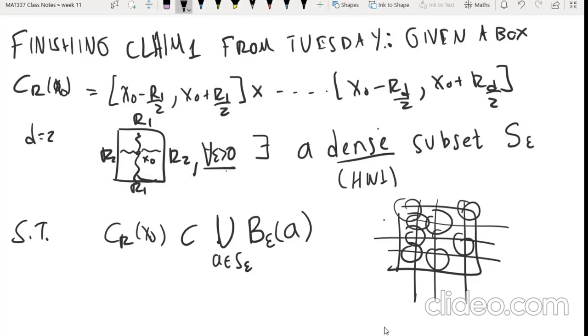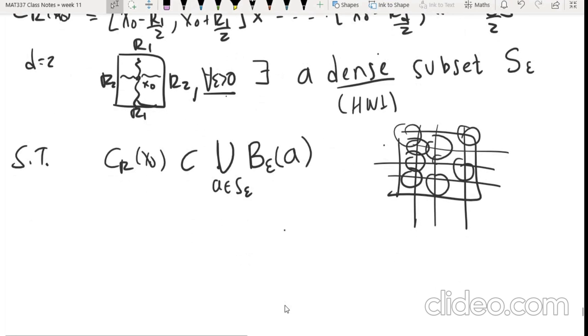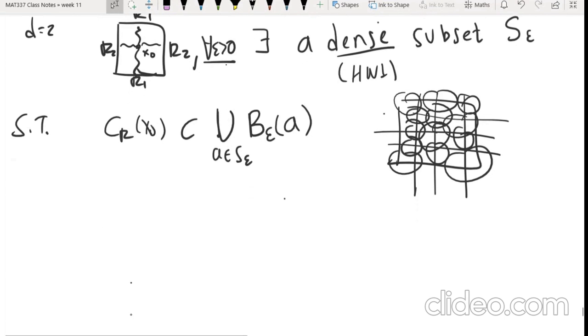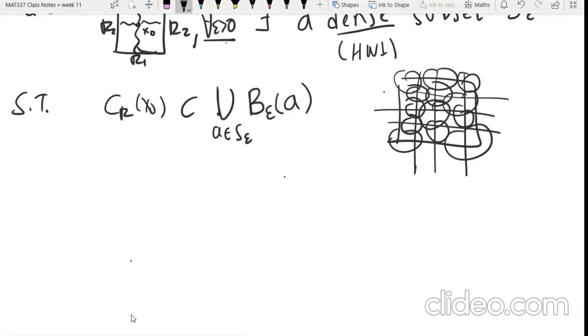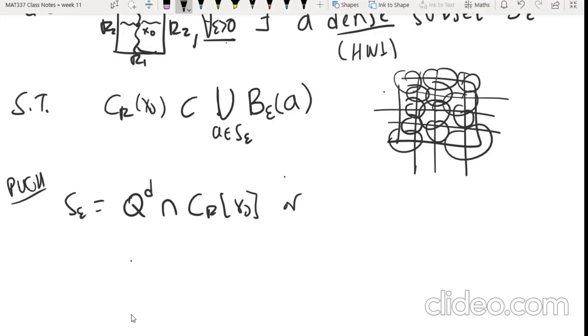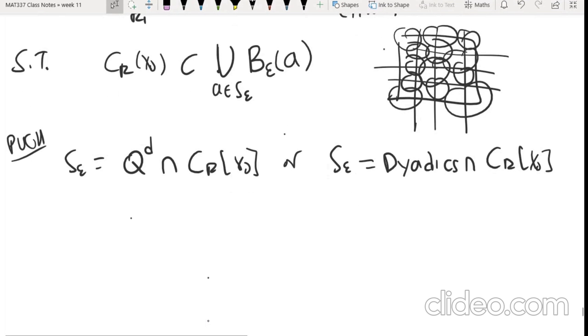Okay, we will cover everything. Yeah, the whole thing. All right. I think in the book it's a bit complicated, but for example, in Q, it's quite more simple. So you can take S epsilon to be the rationals intersected with the set, or you can just take dyadics, and I will just do the dyadics because it's a little bit cleaner. So what do we mean by dyadics?